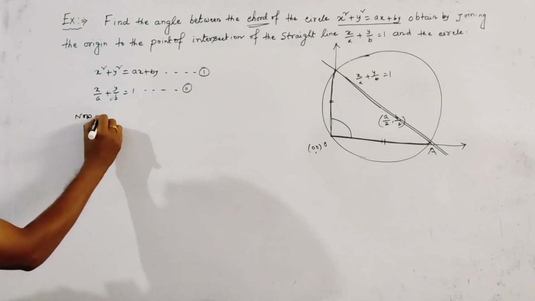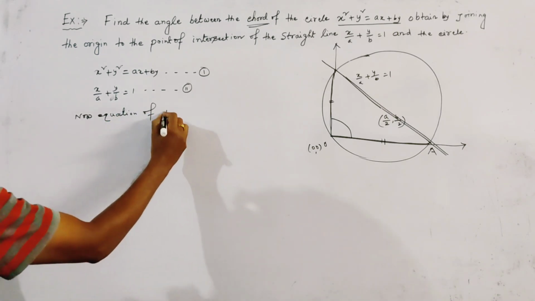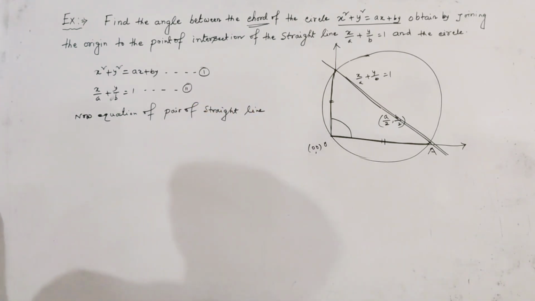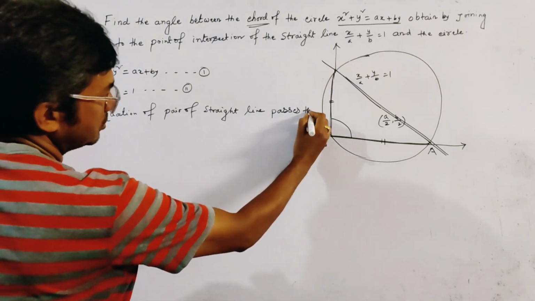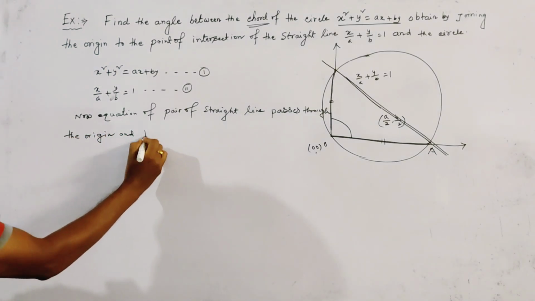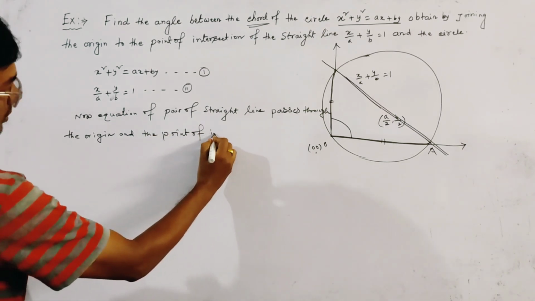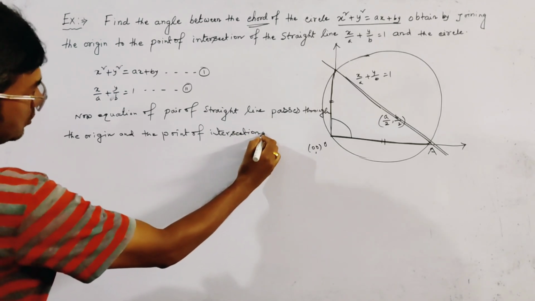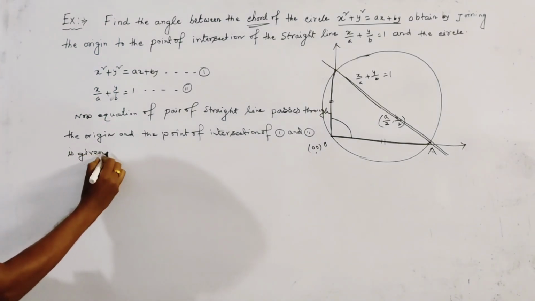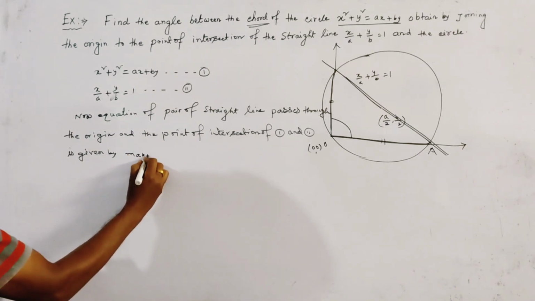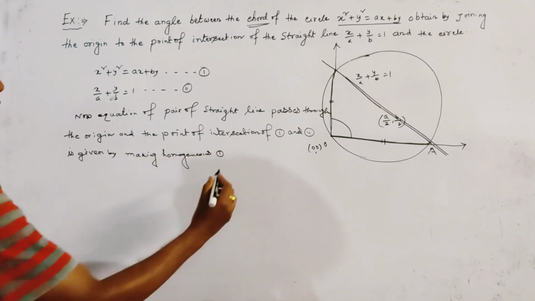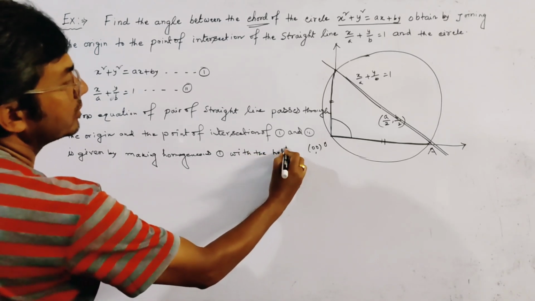Now the equation of the pair of straight lines passing through the origin and the point of intersection of 1 and 2 is given by making 1 homogeneous with the help of 2.